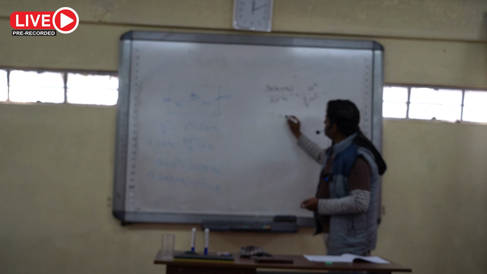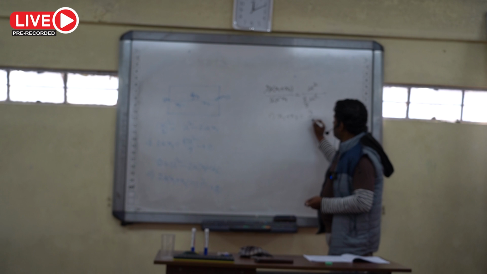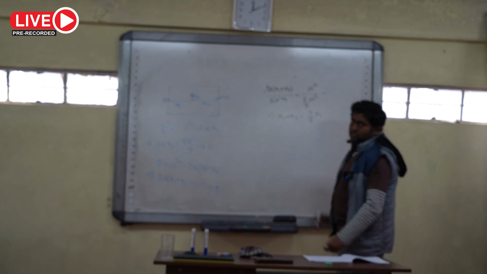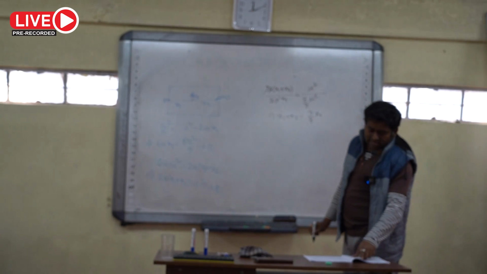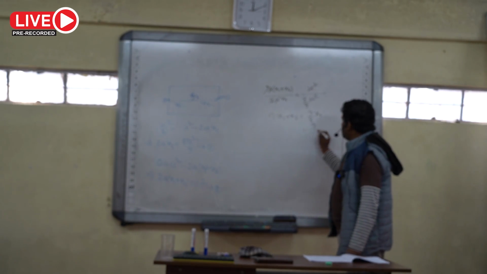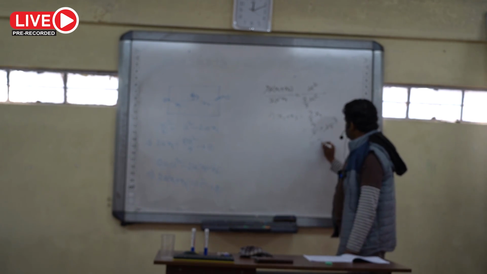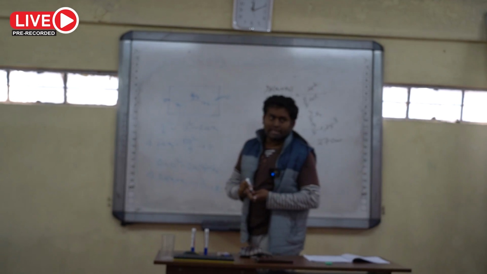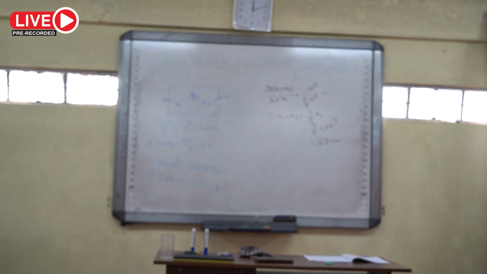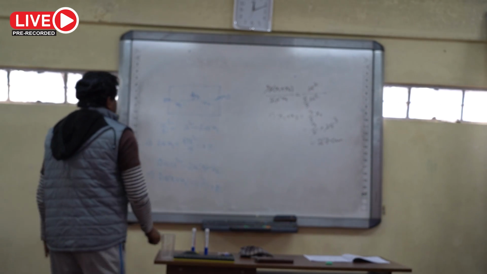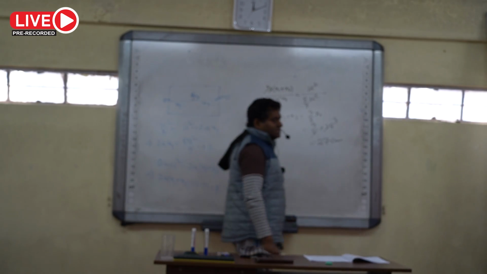So you can write x1 plus x2 equal to 9 by 8 of x1. x1 is given as 24. So 9 by 8 into 24. x1 plus x2 is required actually, the total distance of the block. So that is 27 centimeters.